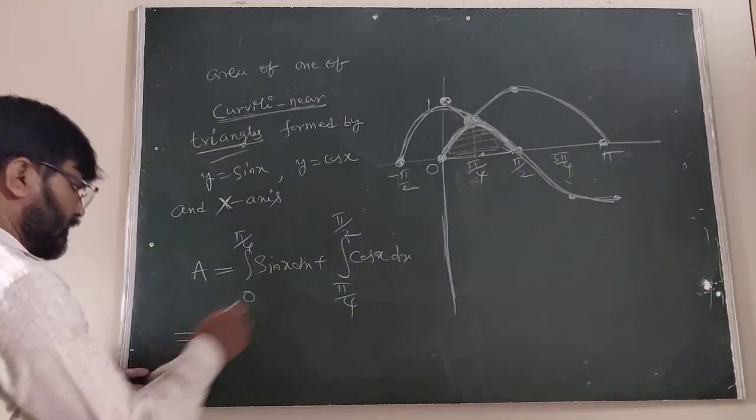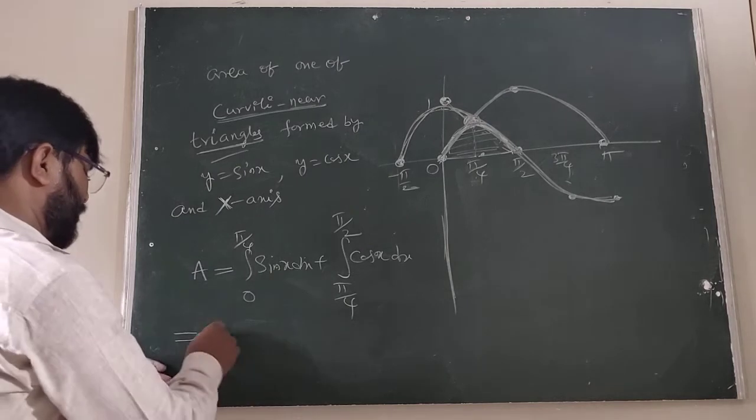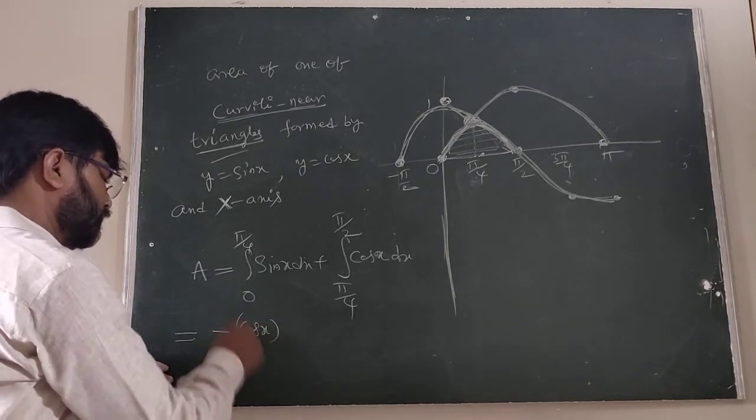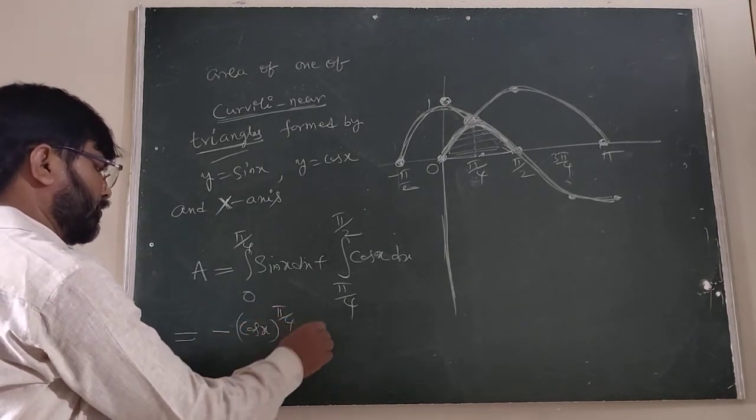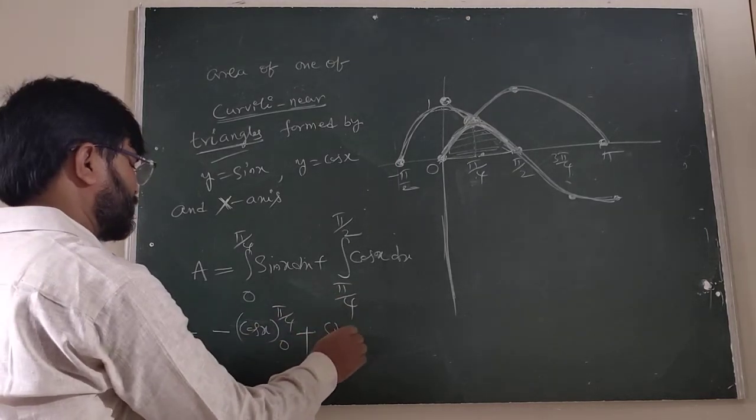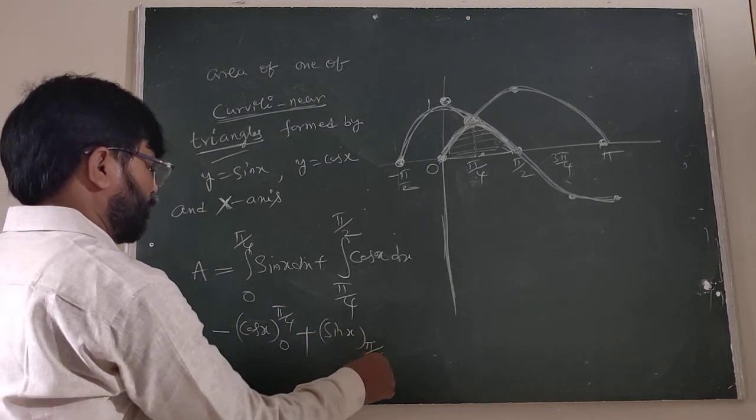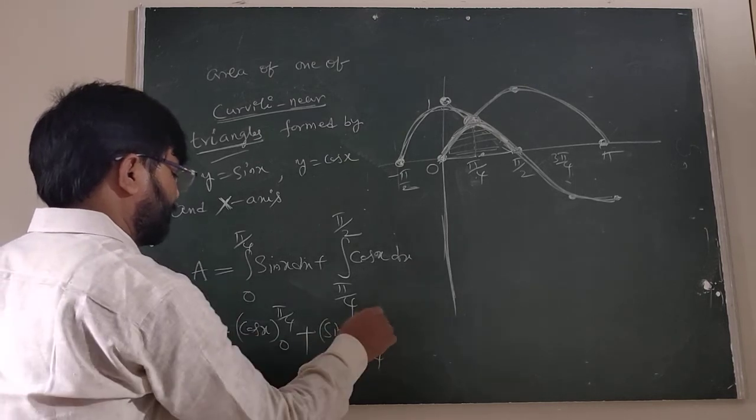We have to know that the integral of sin x is minus cos x, from 0 to pi by 4. The integral of cos x is sin x, from pi by 4 to pi by 2.